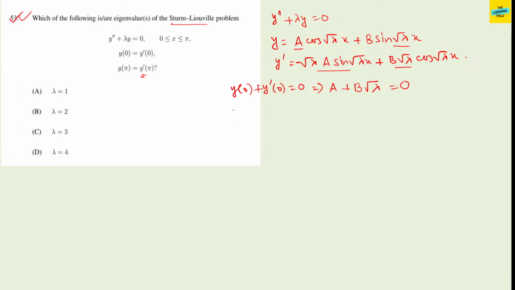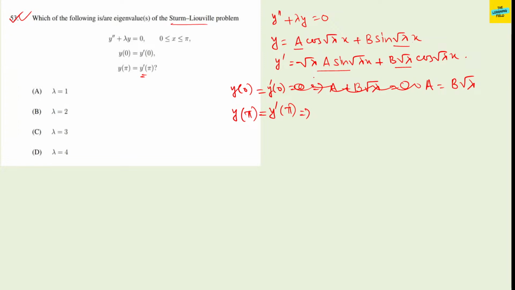And the other condition is y0 equal to y dash 0. That means a equal to b root lambda. And y pi equal to y dash pi.